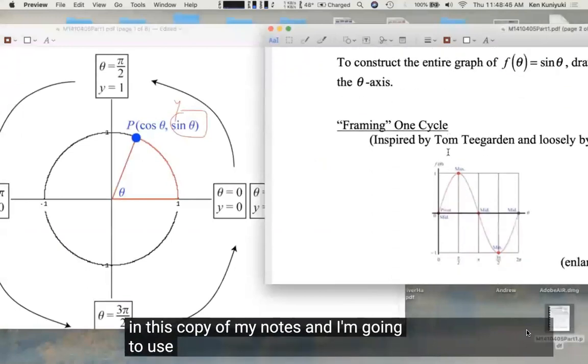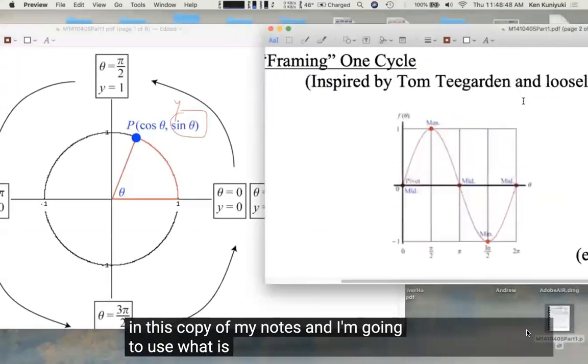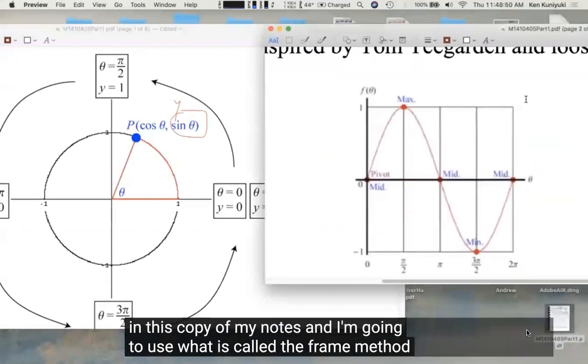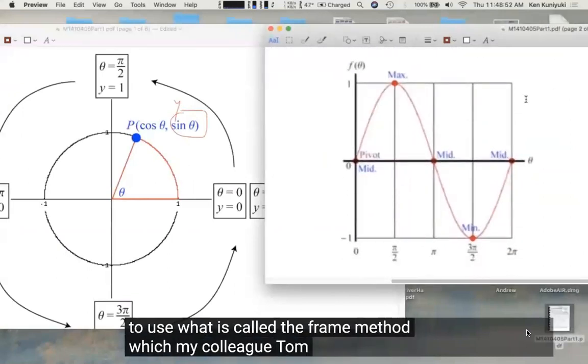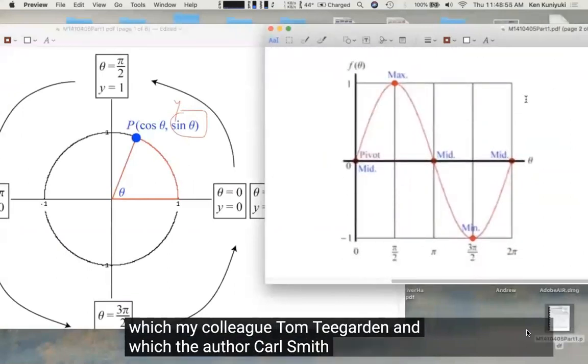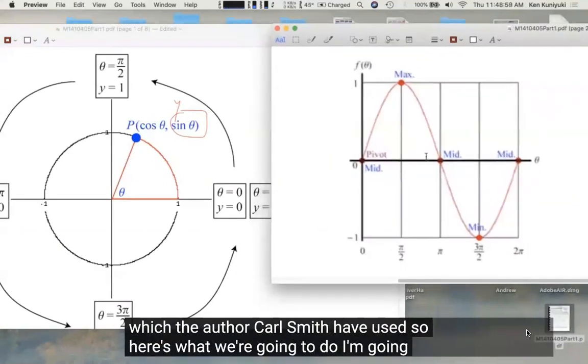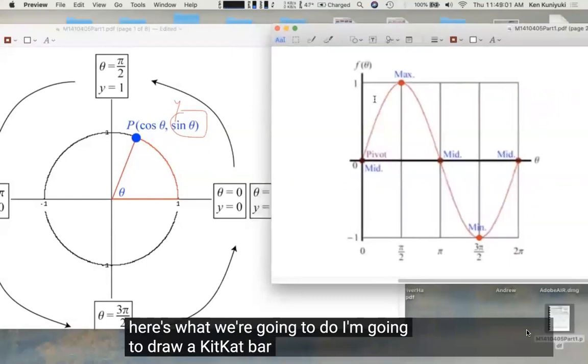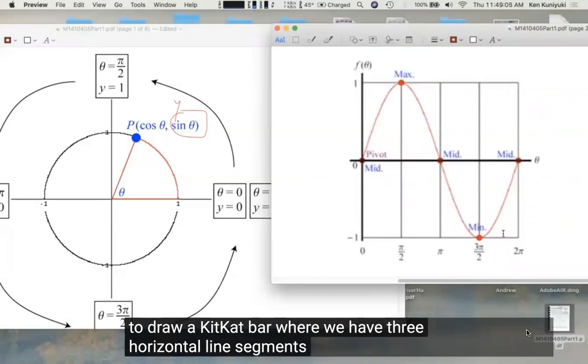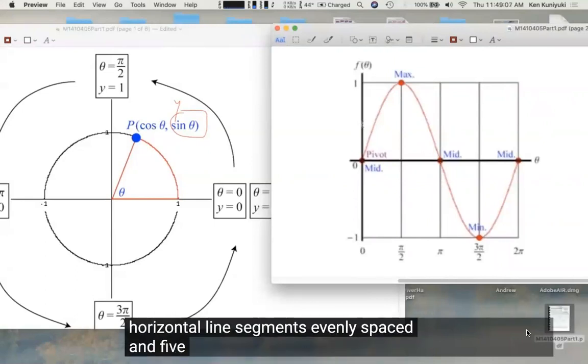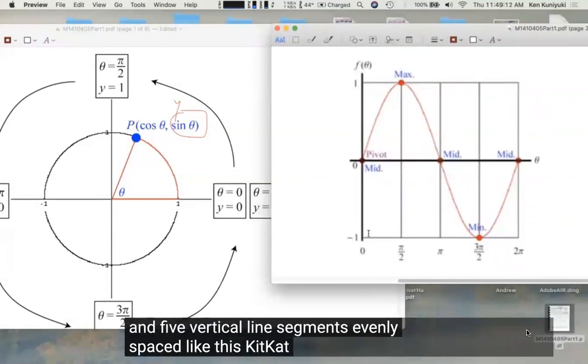And I'm going to use what is called the frame method, which my colleague Tom Teagarden and the author Carl Smith have used. So here's what we're going to do. I'm going to draw a Kit Kat bar where we have 3 horizontal line segments, evenly spaced, and 5 vertical line segments, evenly spaced, like this Kit Kat candy bar.